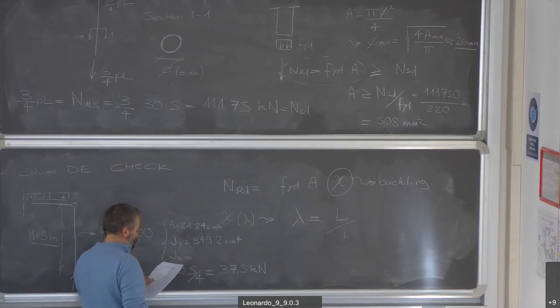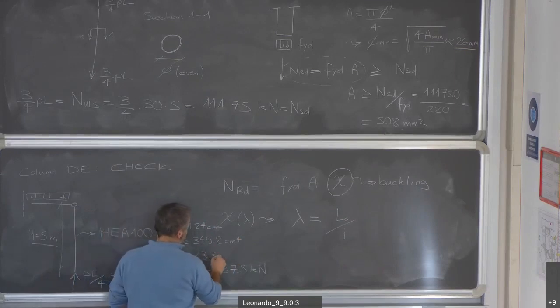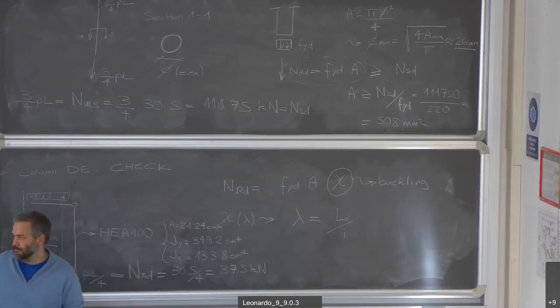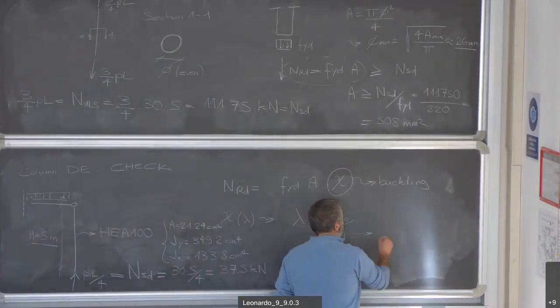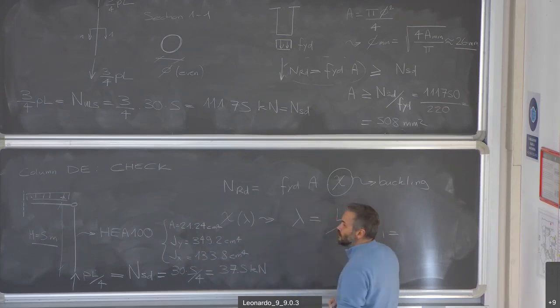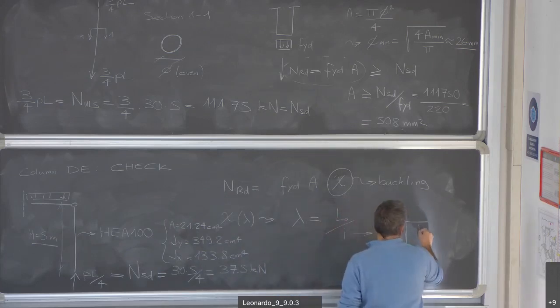The other second order moment of area, 133.8 centimeters to the power of 4. I calculate the radius of gyration by this formula, which is the square root of J divided by A.